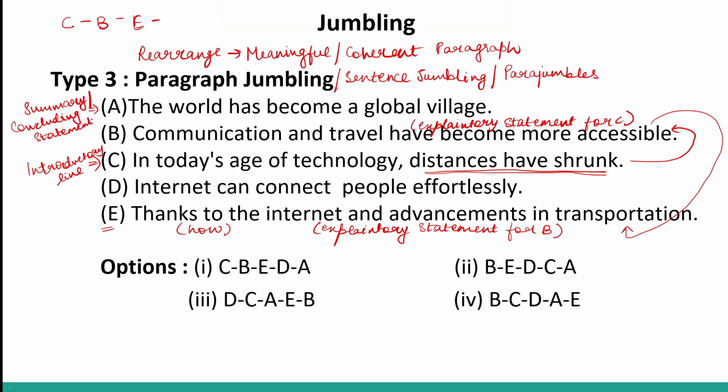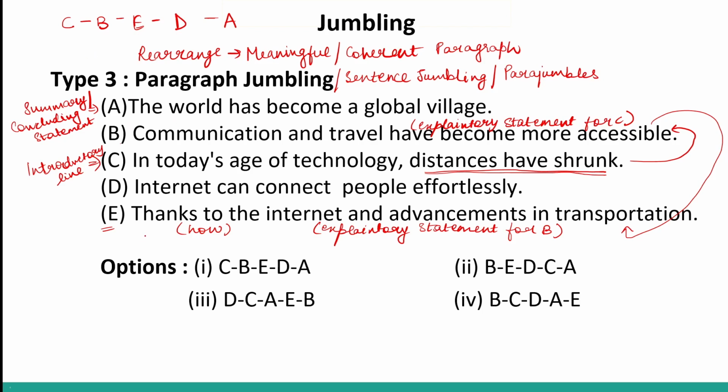Correct? So this is a concluding statement, and I can say this will be last. If A is last, that leaves us with D. So D will come at this position: C, B, E, D, A.